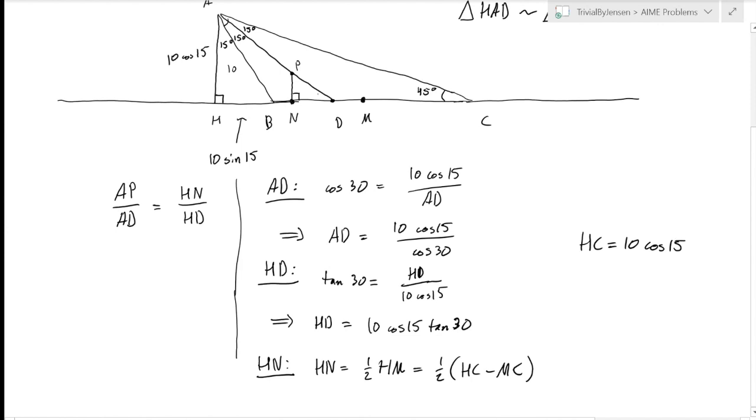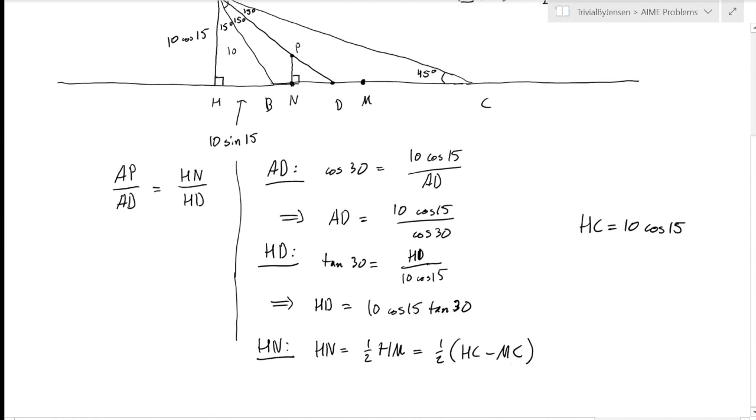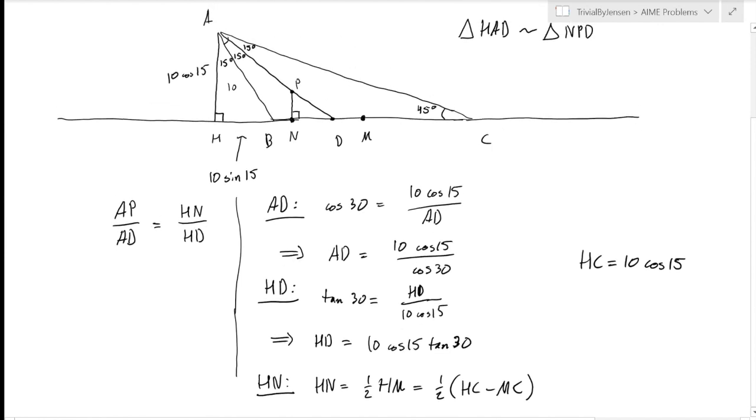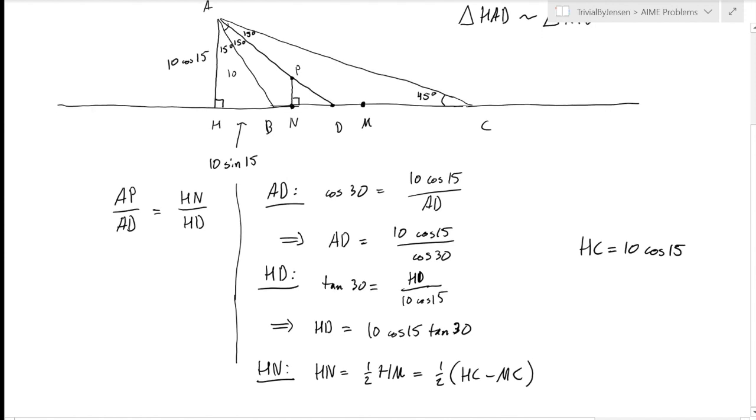Because our whole triangle is 45-45-90, even if it doesn't look like it. Now how do we find MC? Well, M is the midpoint of BC, so MC is half the length of BC. And BC shouldn't be hard to find, because BC plus HB, which we know, gives HC, which we know.